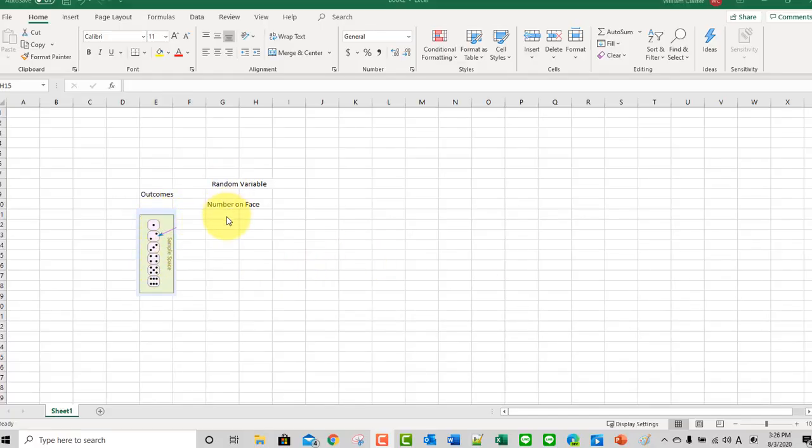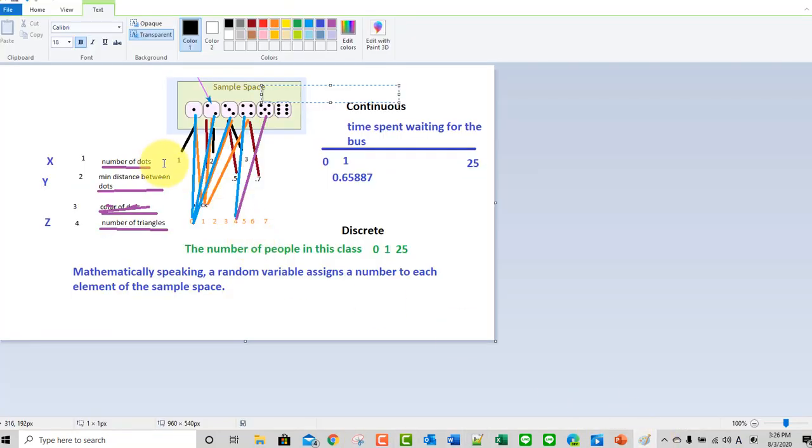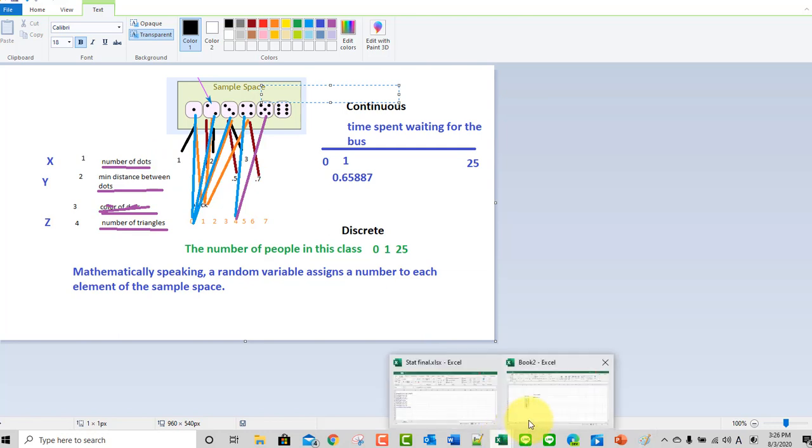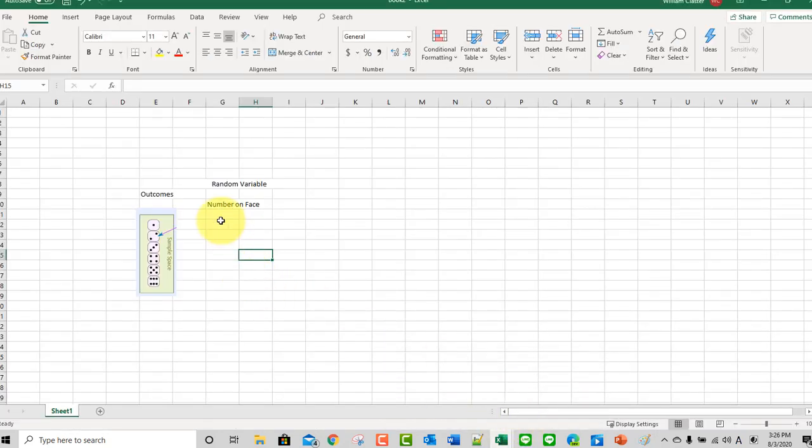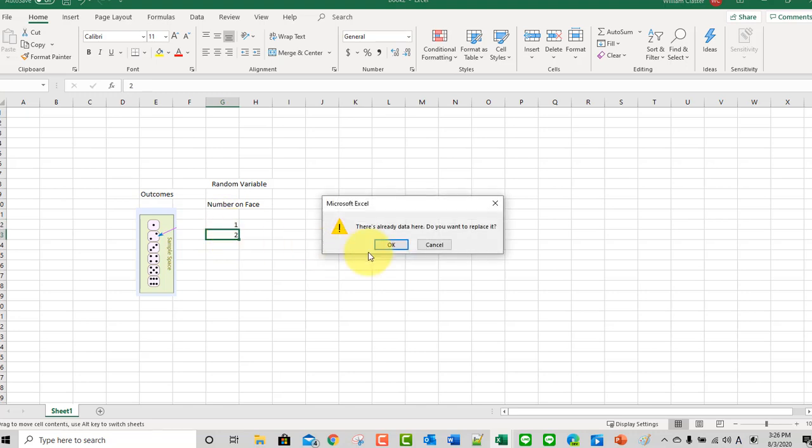And then we have the random variable. And our first one was the number on the face. Remember, that was here, the number of dots. So let's put that in there. So in that case, this would obviously be 1. This would be 2, and so on.